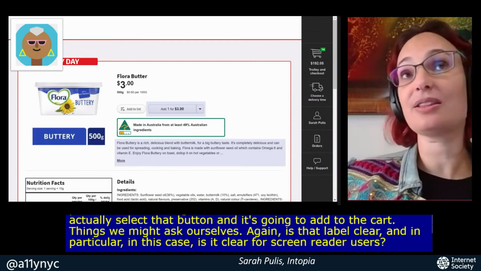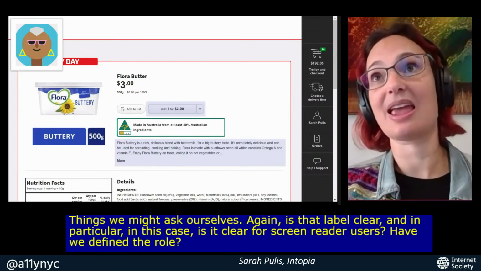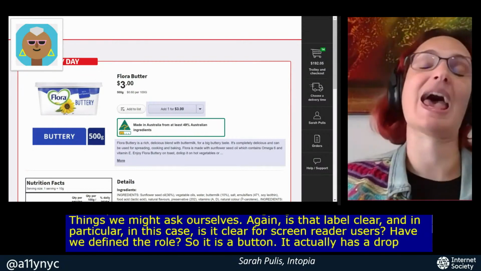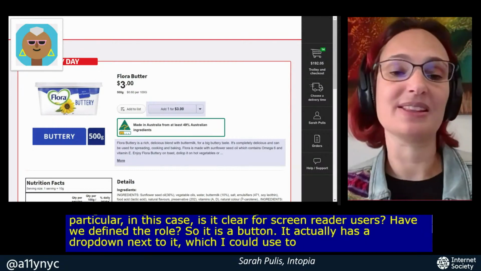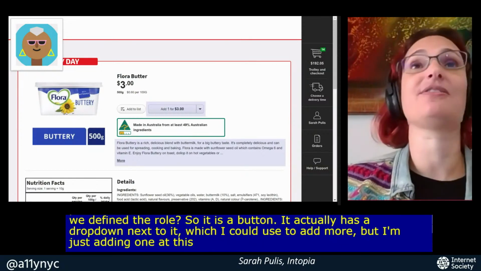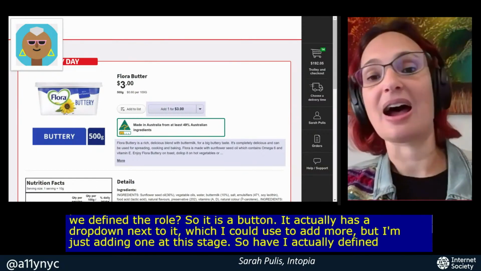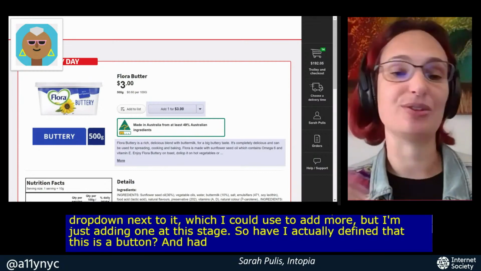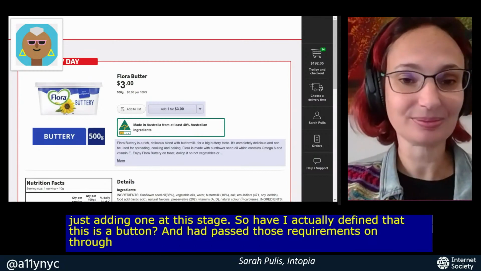Have we defined the role? So it is a button. It actually has a drop down next to it, which I could use to add more, but I'm just adding one at this stage. So, have I actually defined that this is a button and have passed those requirements on through to the developer as well?